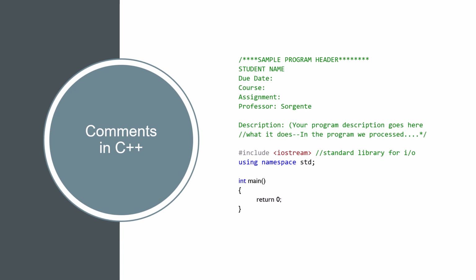All right, all programs should have a header comment at the top. It should have a description of what the program does, and it should have your name, date, etc. In addition, there are two ways to do comments. The first way is you have a slash asterisk followed by an asterisk slash, and everything in between would be comments.